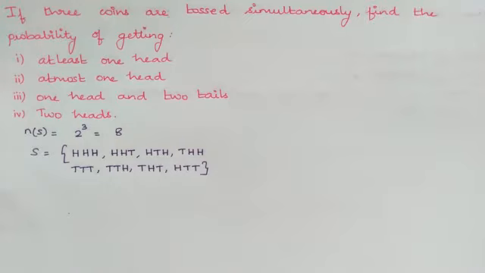Now the first question: find the probability of getting at least one head. At least one head means that in tossing the 3 coins we should have a minimum of one head. The maximum doesn't matter here. At least one head is the minimum; there should be one head.